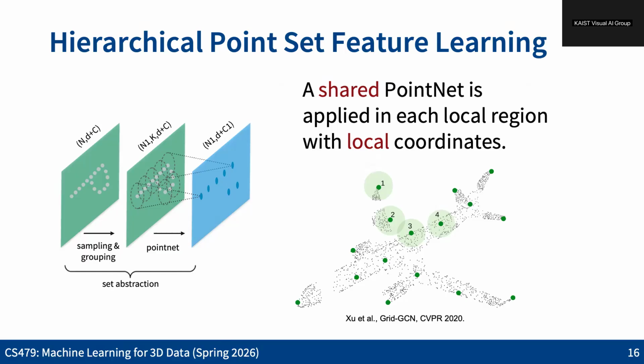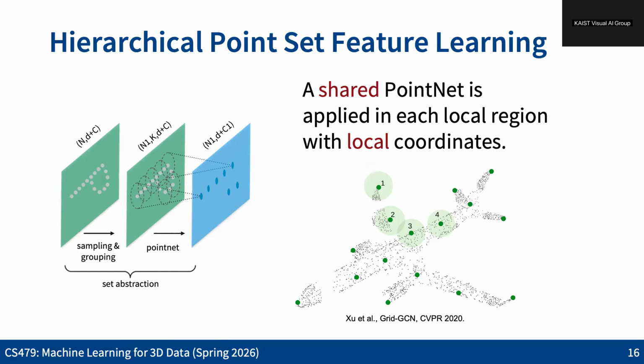Now we have a set of key points, and in the next layer we see this set of key points as another point cloud. We can do the same thing: given a set of key points, we take another subset of the key points and perform the same thing.